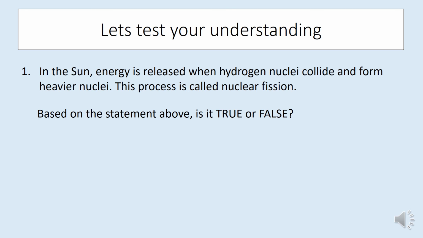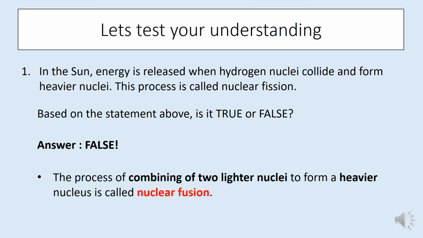Based on the statement above, is it true or false? The answer is false. The process of combining of two lighter nuclei to form a heavier nucleus is called nuclear fusion.